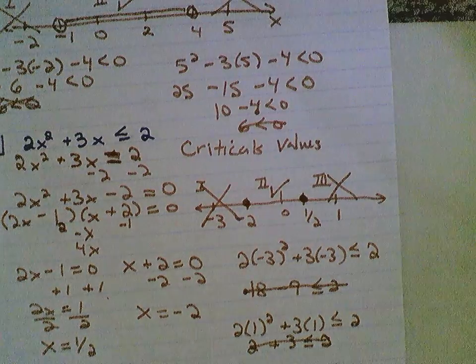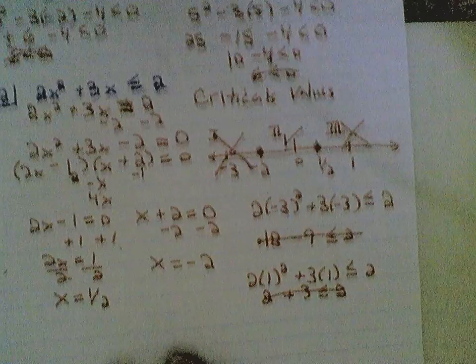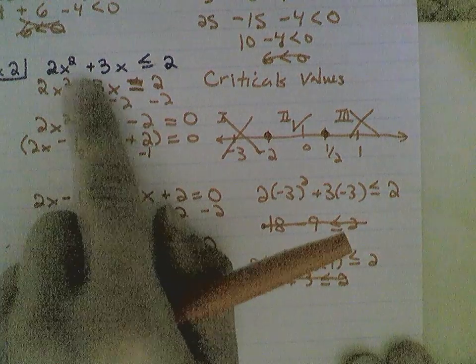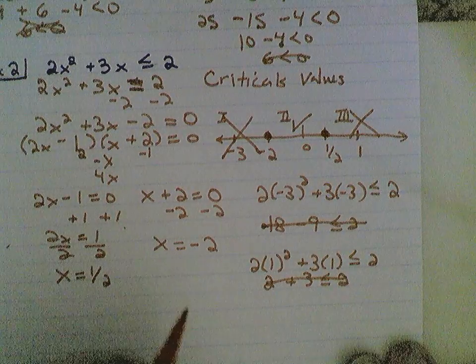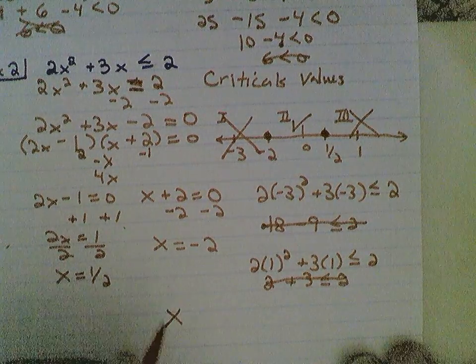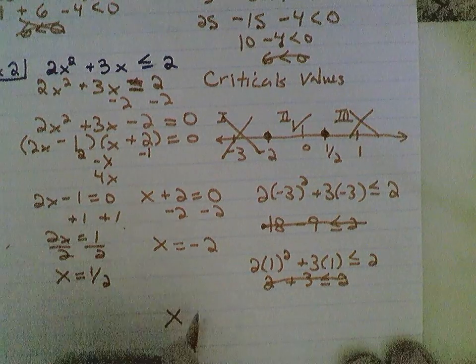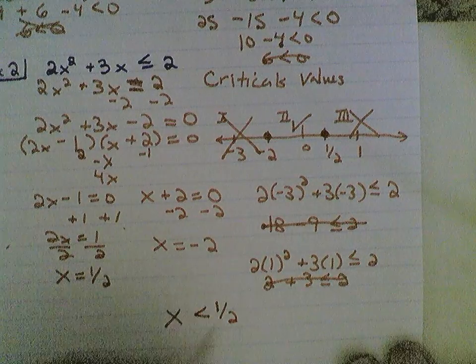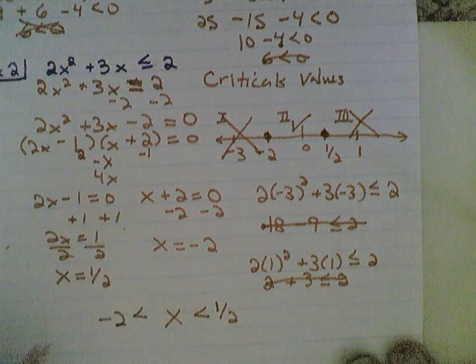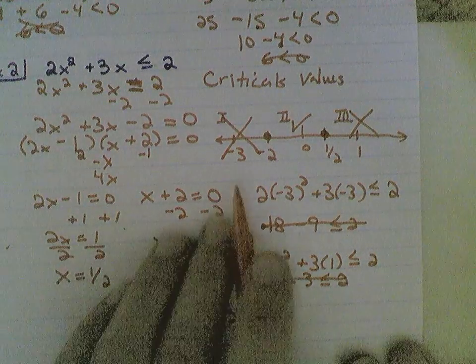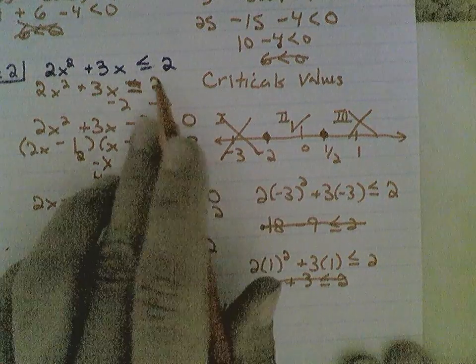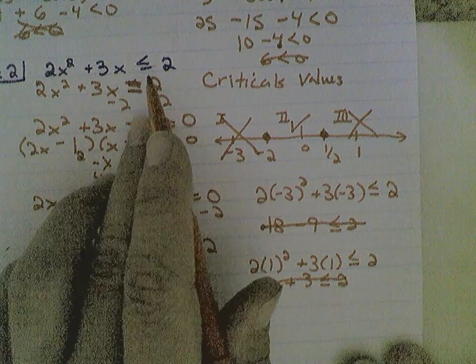Now that I know which region does work, I can use this information to write my final solution to this inequality. The x values that work, the solutions, are between the values of negative 2 and a half. Notice that the dots are filled in, and I do have an equal to sign, so I still use the same sign.